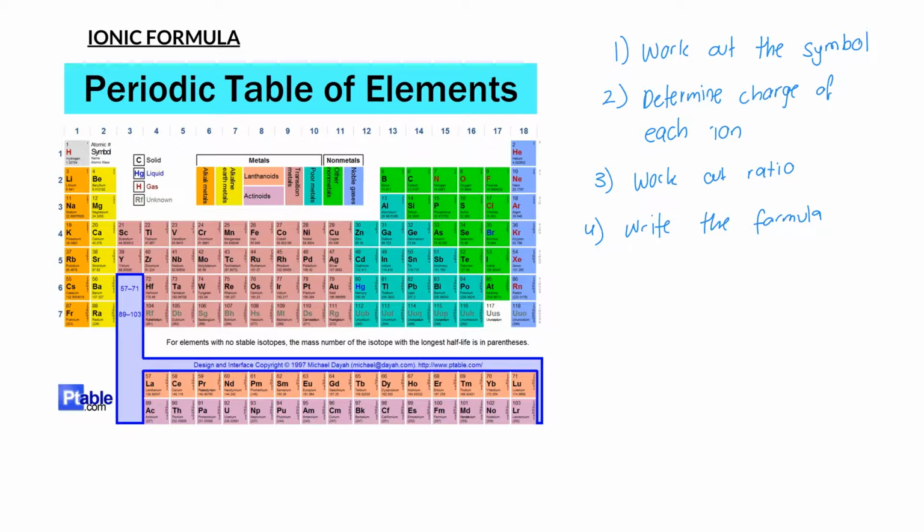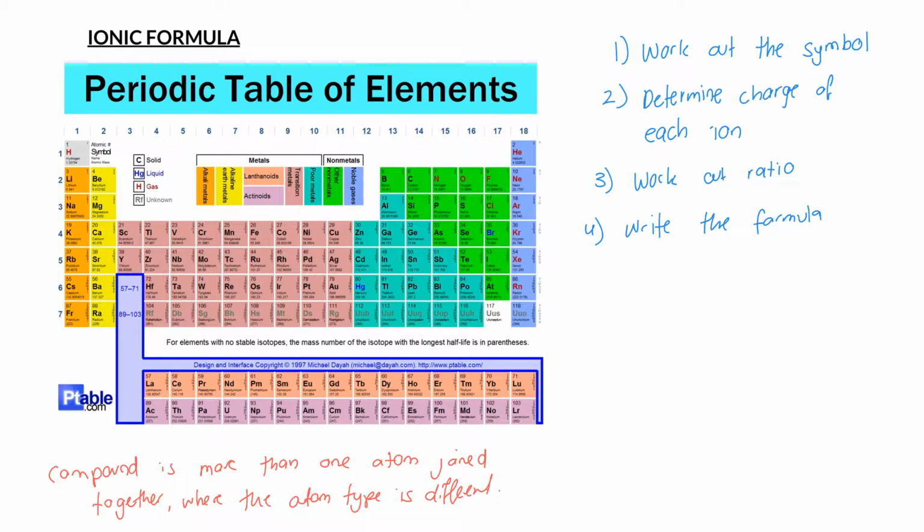Just remember, a compound is more than one atom joined together where the atom type is different. Okay, so that's what our compound is, and that's what we're forming here, ionic compounds.